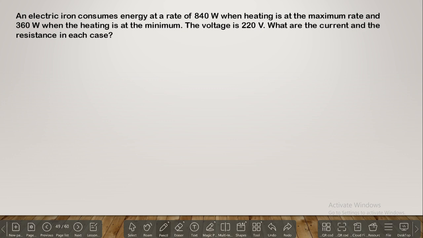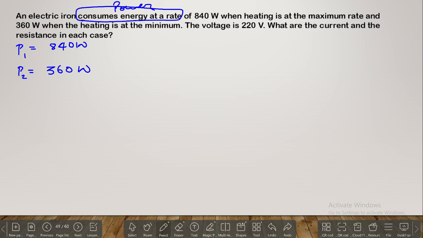Next, a certain numerical. So read the question. An electric iron consumes energy at a rate. Energy consumed at a rate is nothing but power. That means they gave the value of power. So P1 is equal to how much watt is given? 840 watt when heating at a maximum rate, and P2 when heating at a minimum rate is 360 watt.